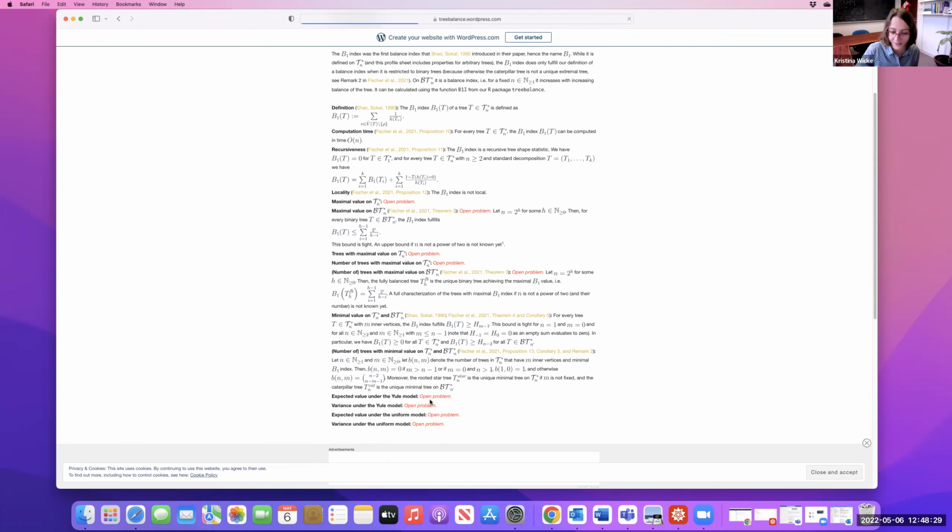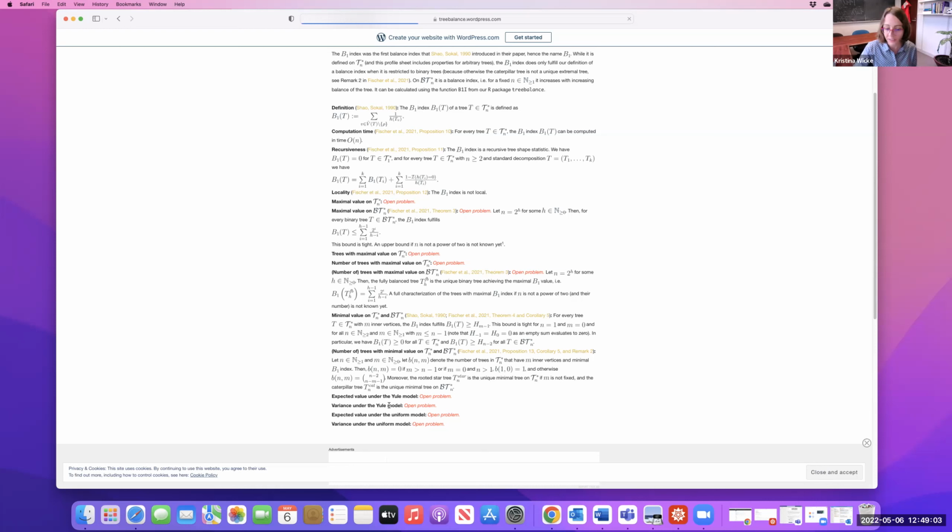And what I might mean by statistical open questions is that it is also often of interest to understand the expectation and variance of a balance index under certain models of tree evolution. Without going into the details here, there are two popular models of tree generation or tree evolution called the Yule model and the uniform model, and getting expressions for the expectation and variance of these balance indices is often a very hard problem.